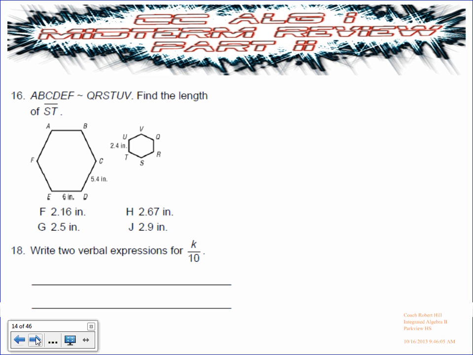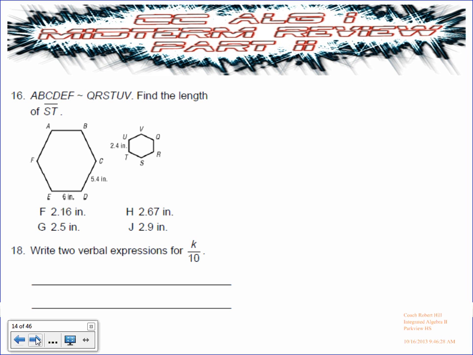It says, find the length of ST. So you'll have to set up a proportion. When it says A, B, C, D, E, F, it starts with A. So you start over here at QRST. So A, B, C, D. Is that 6 is to 2.4?